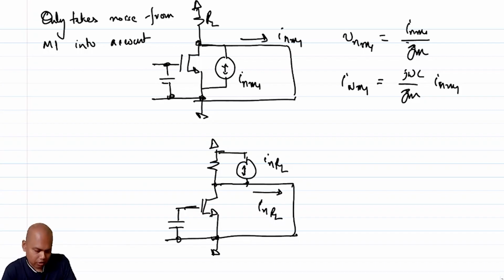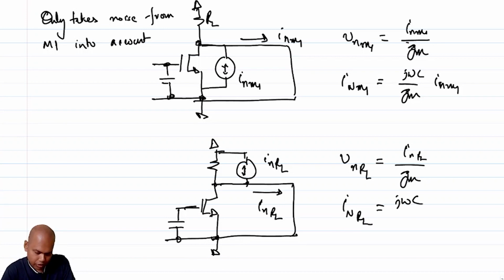For this case, your equivalent noise voltage at the input, VNRL, will be INRL over GM, and following the same steps, for the noise current you get INRL, which is J omega C by GM times IN.